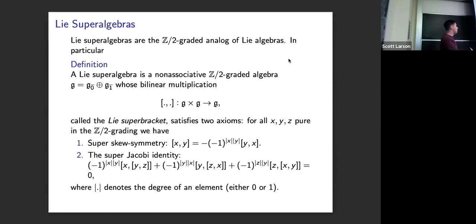And you have a bracket called the Lie super bracket, which satisfies Z2 graded analogs of the usual Lie algebra axioms. So we have super skew symmetry: X bracket Y is Y bracket X up to a sign determined by the degrees of X and Y. X and Y here are pure, and then to do arbitrary elements, you just extend linearly. And then the super Jacobi identity, which looks like the usual Jacobi identity, but again, you have to include these signs.